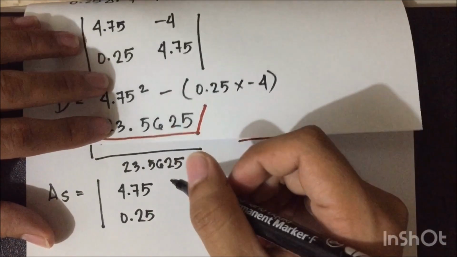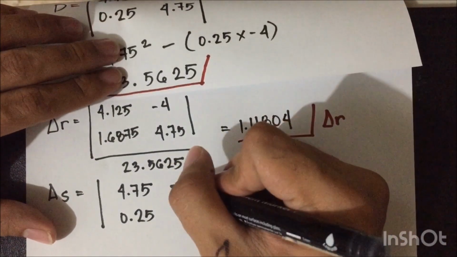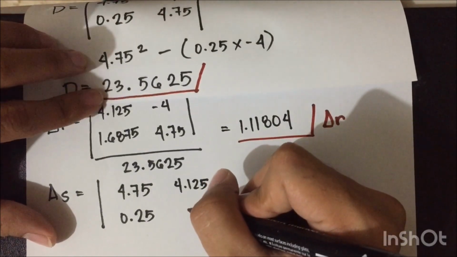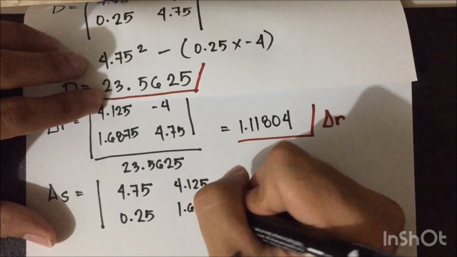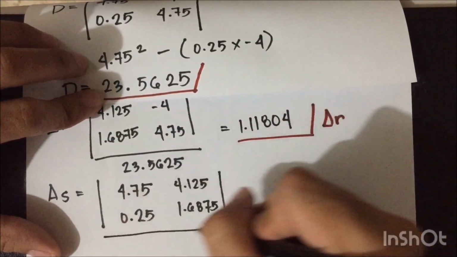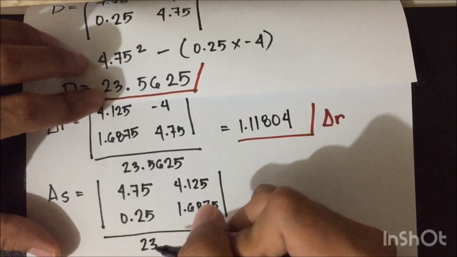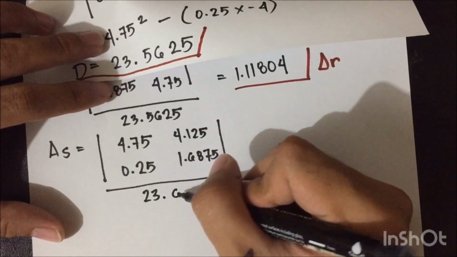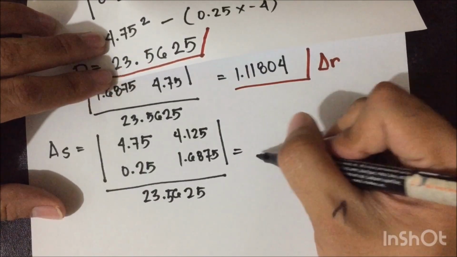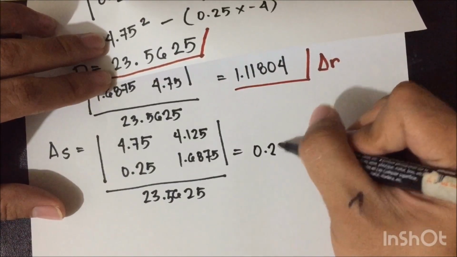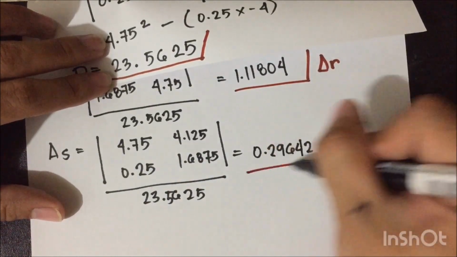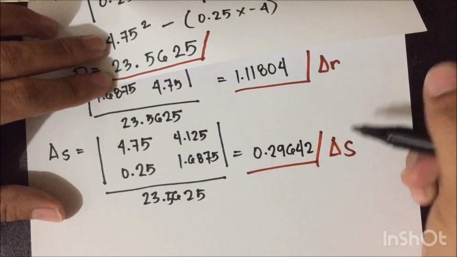So, dito naman sa row na to, yung ating constant na 4.125 tsaka 1.6875 over the determinant 23.5625. Makakuha tayo ng value na 0.29642. Mayroon tayong value ng ating delta S.